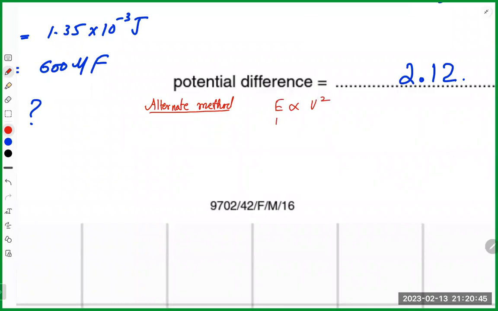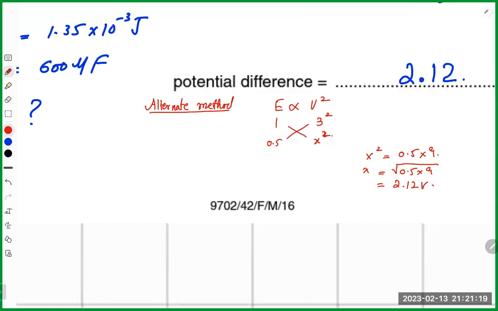So if this is 1, this is 3 square. If this is 0.5, this is X square. Okay. So X square equals 0.5 into 9. X equals square root of 0.5 into 9, and you will get 2.12 volts.